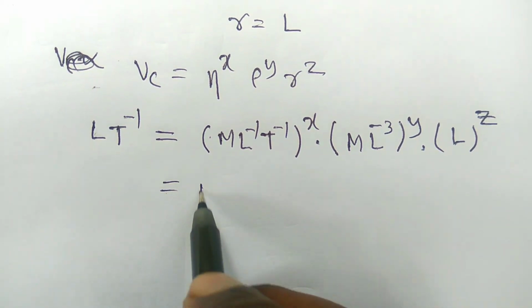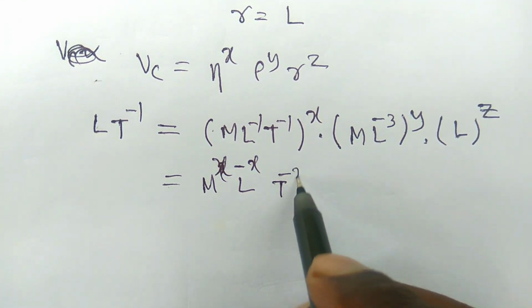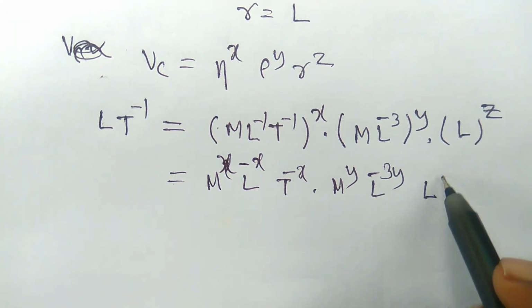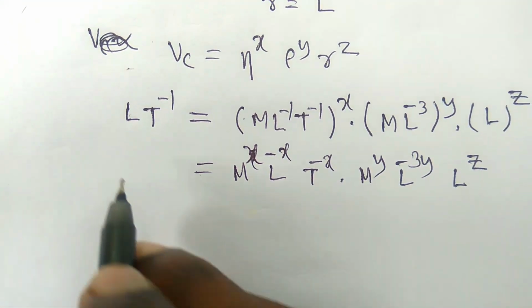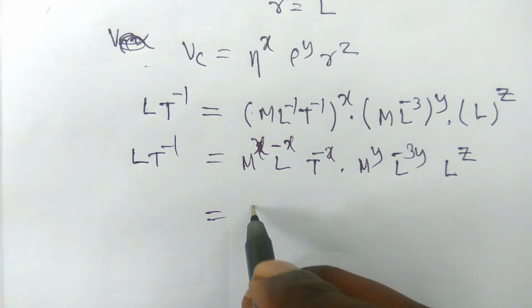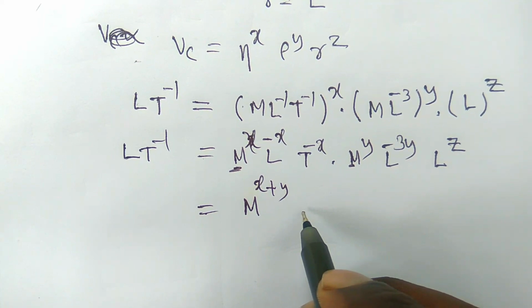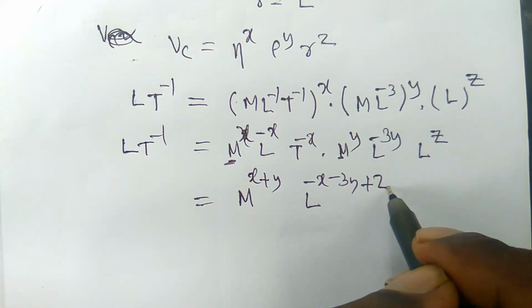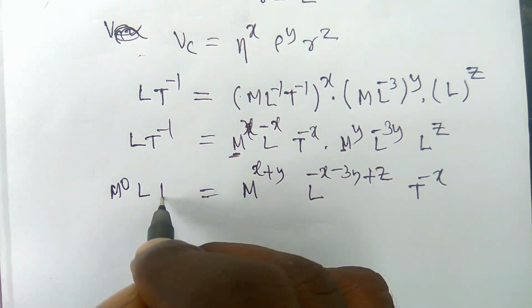It can be written as M power x, L power minus x, T power minus x, M power y, L power minus 3y, L power z. Okay. Then LT minus 1. So this is M and this is M. M power x plus y, L power minus x minus 3y plus z, and T power minus x. And this is M power 0 L T minus 1.